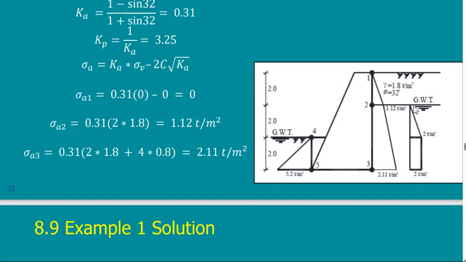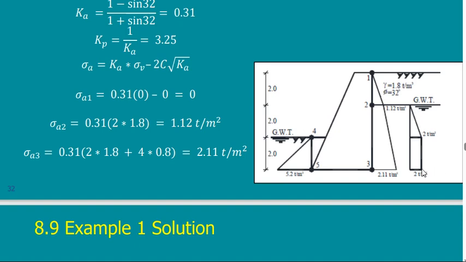Either you present the earth pressure plus a triangle for the water table from this side and another one here for the water table at the other side, or subtract them together to put this case, which at the beginning was something like this, starting from 0, going to this point.